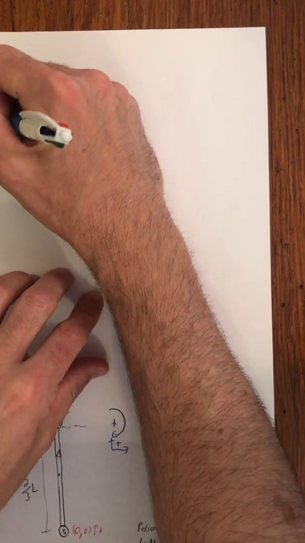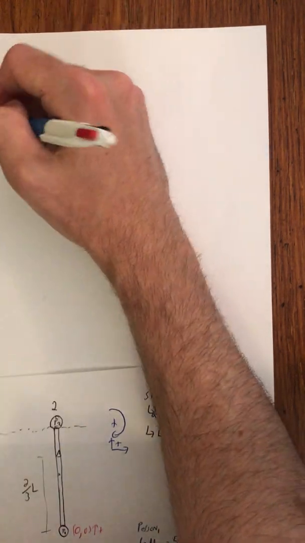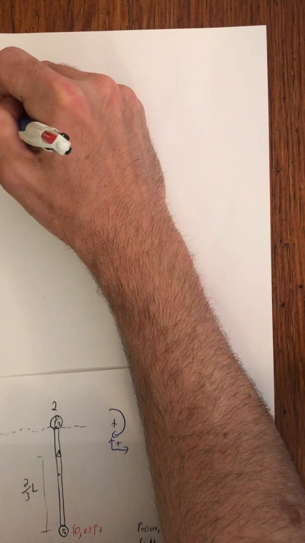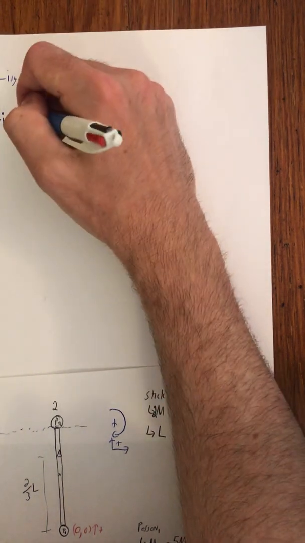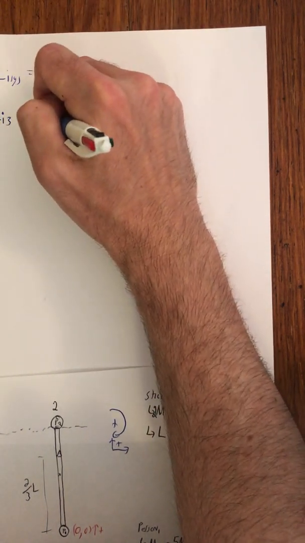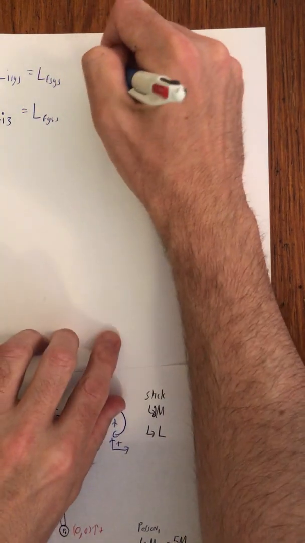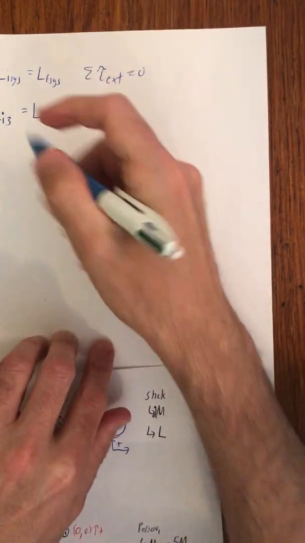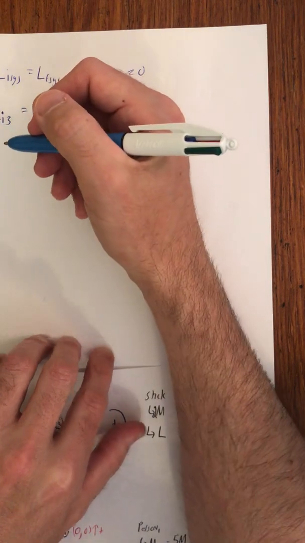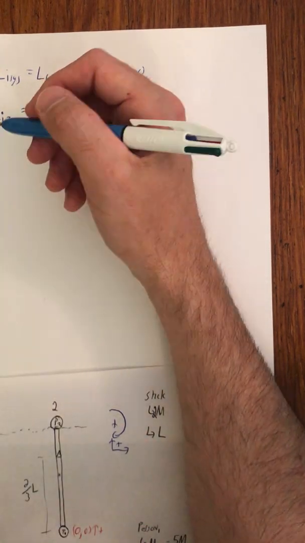So here, this is the initial angular momentum of object 3, which is going to equal L final for the whole system. Or I should just say net external torque is equal to 0 here. So I'm going to do my MV L perpendicular term.